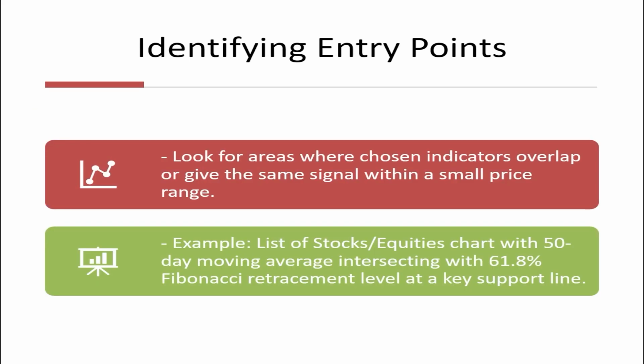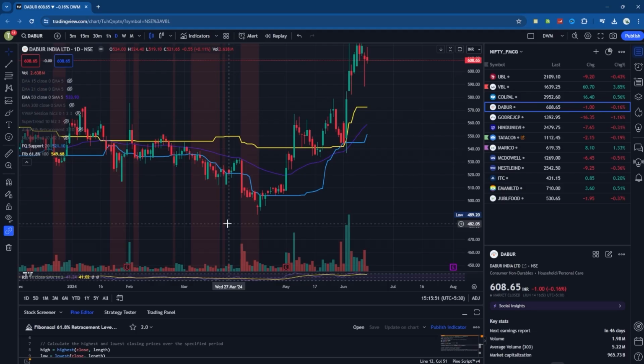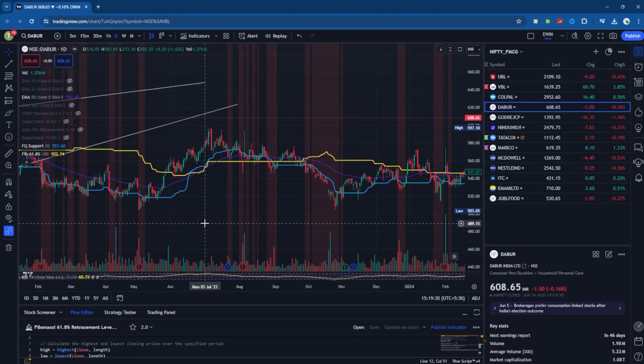Now let's talk about identifying the entry points using the Confluence trading strategy. The key here is to look for areas where your chosen indicators overlap or give the same signal within a small price range. We will be using the list of Nifty 50 and the Nifty 50 Next list of equities, or let's say the stocks, and from within that list we will try to find the best stock which is meeting our strategy. If you see on July 3rd, 2023, Dabur gave a similar Confluence trading meetup point of the support.